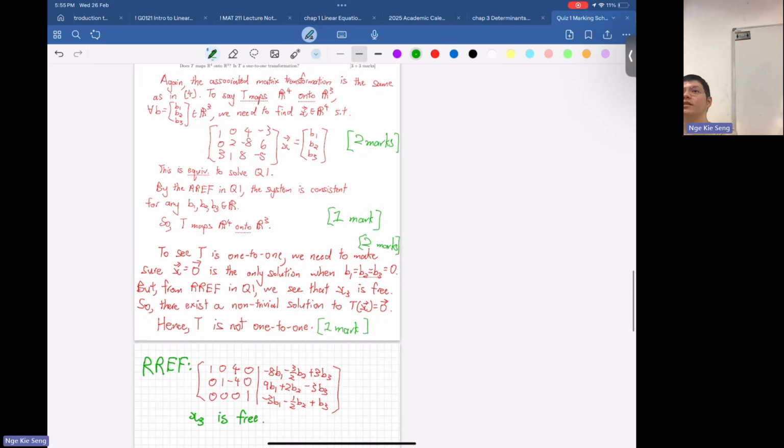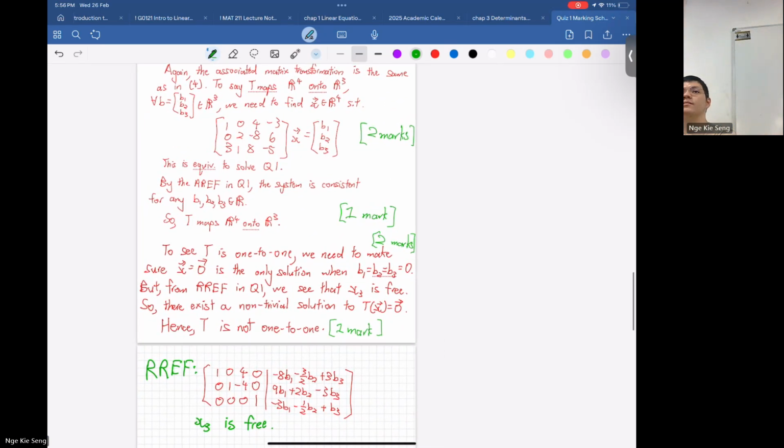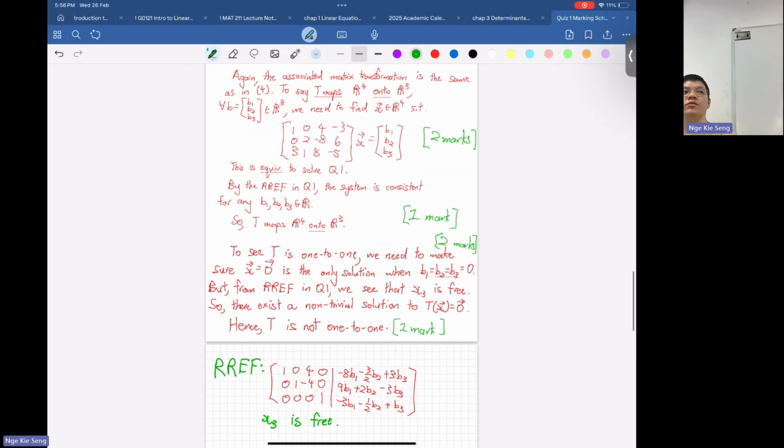Anyone of you solve this question differently? Yeah, some of you solved it differently. What do you do to show it's not one-to-one? You produce two solutions to the same answer. For example, there is another non-zero vector that maps to 0.